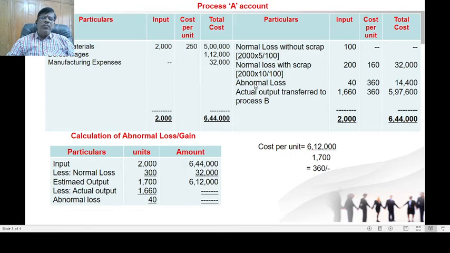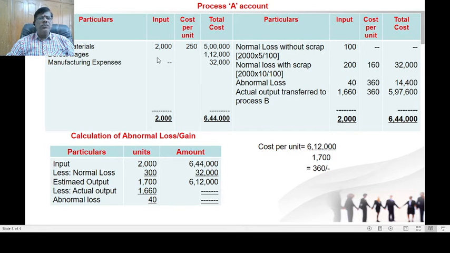Before writing the actual output transferred to the next process, that is process B, first you have to calculate abnormal loss or gain, because actual output is given in the problem. There is an easy way to calculate it. Particulars, units and amount.